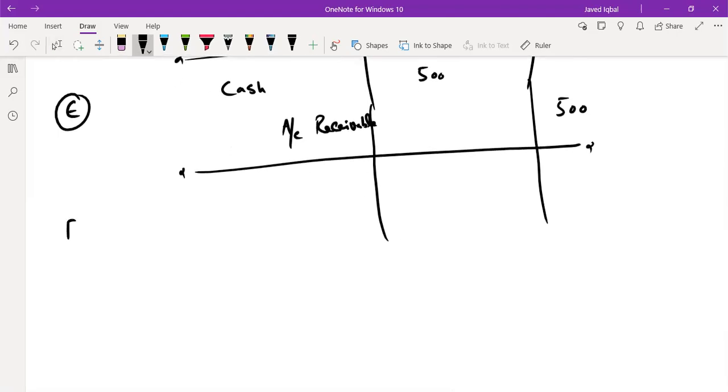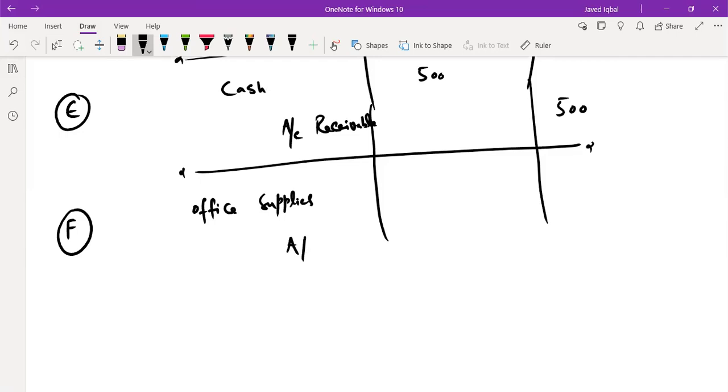So moving on to transaction F, it states purchased $250 worth of supplies on credit. So these are office supplies, which are assets basically, and they are on credit.